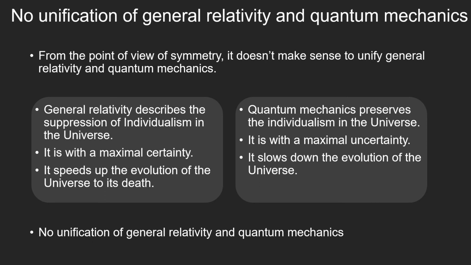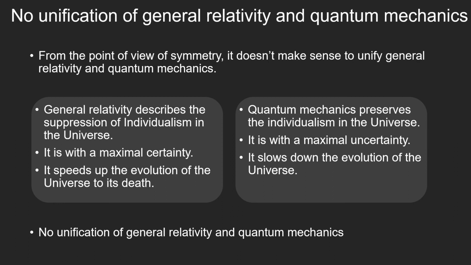We should also look at the roles of general relativity and quantum mechanics in the evolution process of the universe. I would like to mention a few points here. First, general relativity describes the suppression of individualism in the universe. It is with maximal certainty. It speeds up the evolution of the universe towards its death.